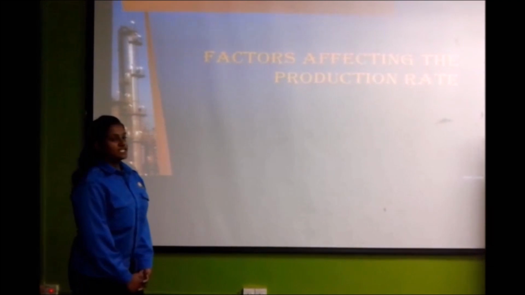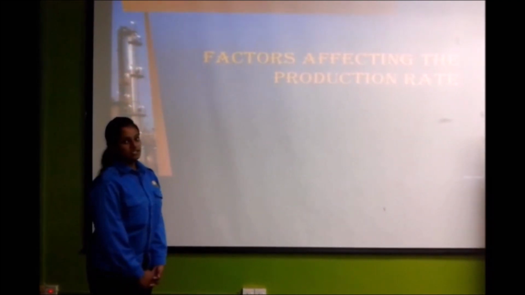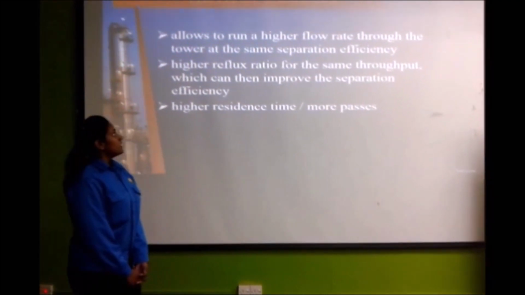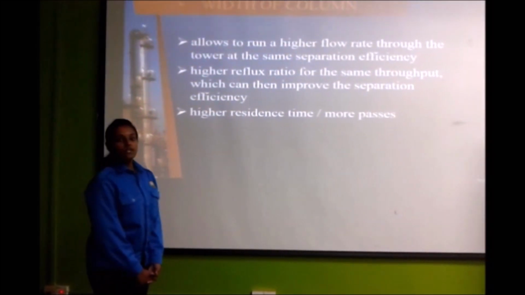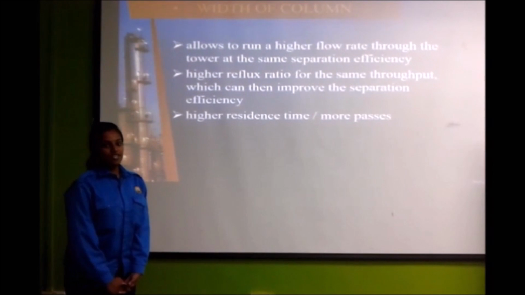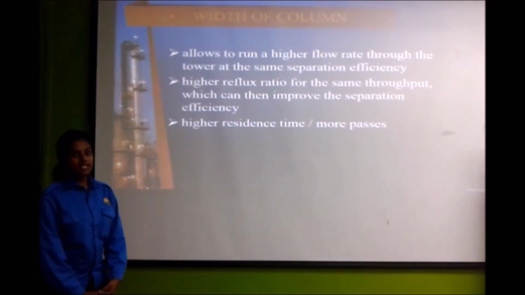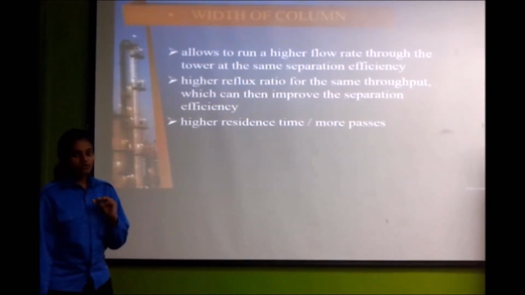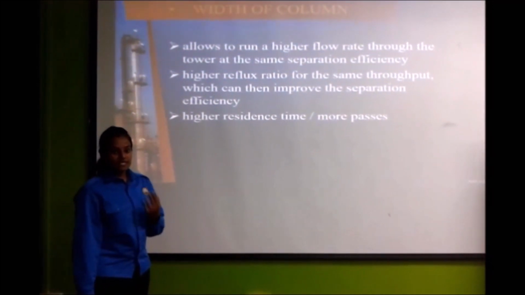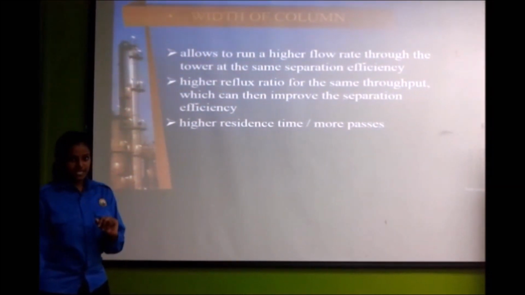Today I am going to present factors affecting the production rate. The first factor is the width of the column. The increased width of the column does not improve the separation of the mixture density during the distillation.